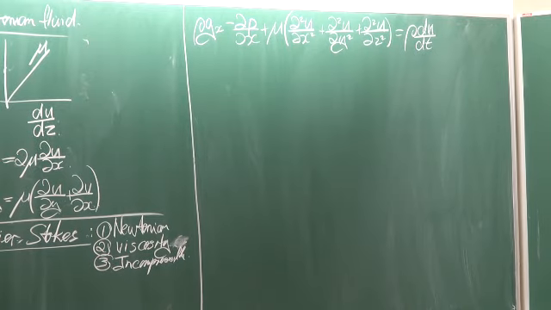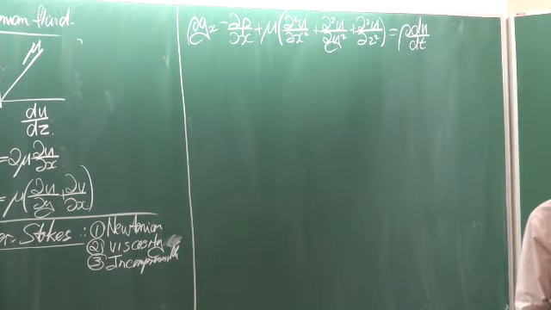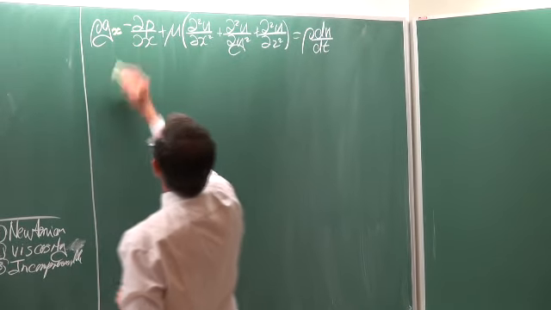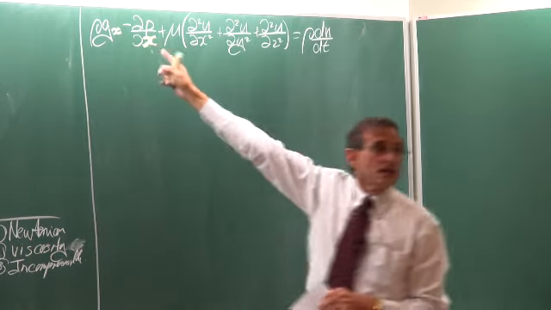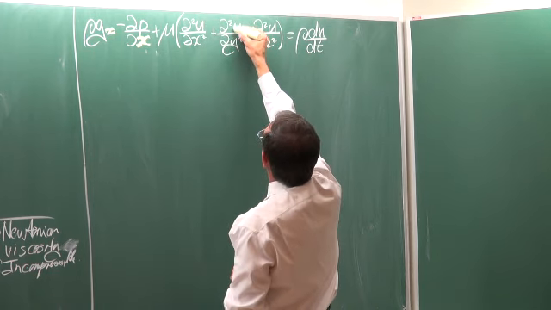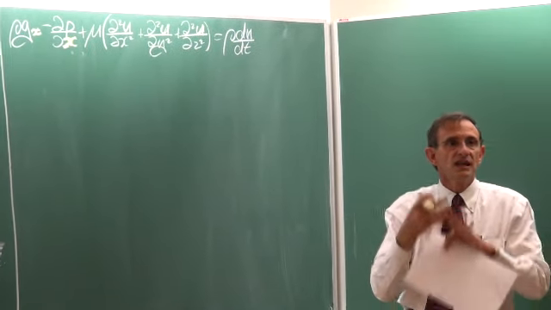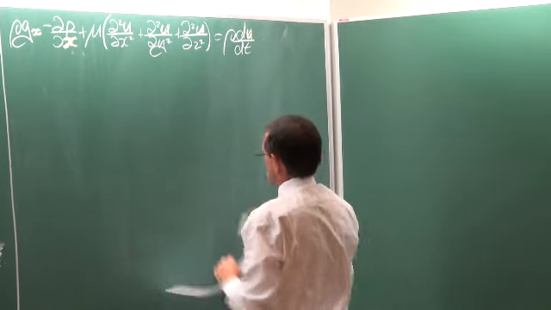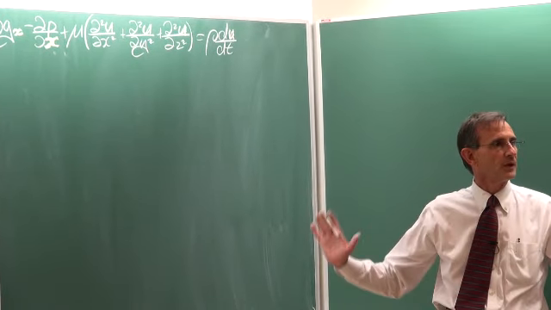That is the Navier Stokes equation in the x direction. Take note of the x indicating the x direction: it is the pressure gradient in the x direction, then the second derivatives of the velocity in the x direction, which is u, and we want to see how u changes as a function of time.